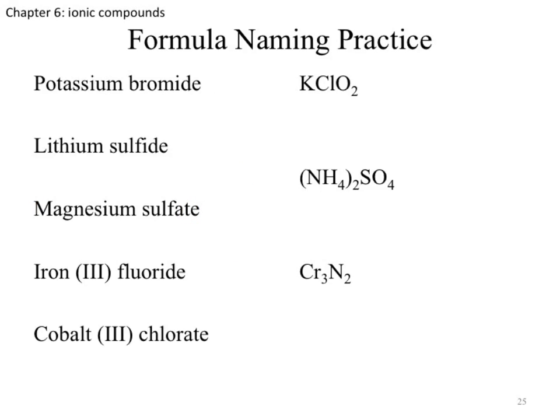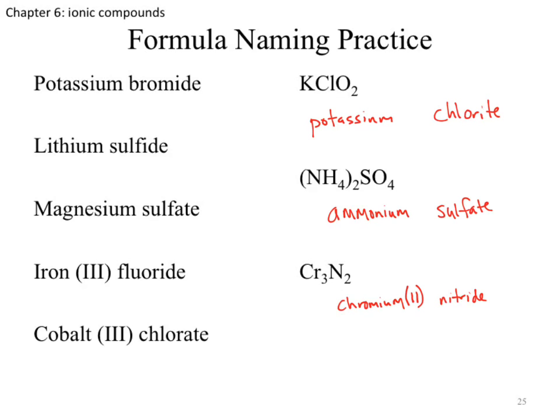So, formula to name. Here are those 3 names. Which one do you want to look at? Ammonium sulfate is the one we'll pick. So, what we'll do is we convert our formula into the name. The formula NH4 correlates to what name? Ammonium.